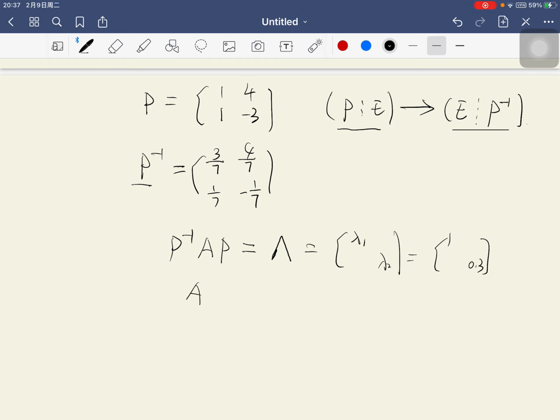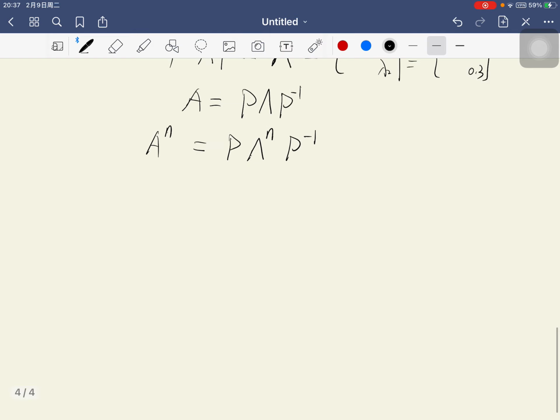So the matrix A we could write as P times the diagonal matrix times P inverse, and for A to the power of n, we could compute it as P times the diagonal matrix to the power of n times P inverse.